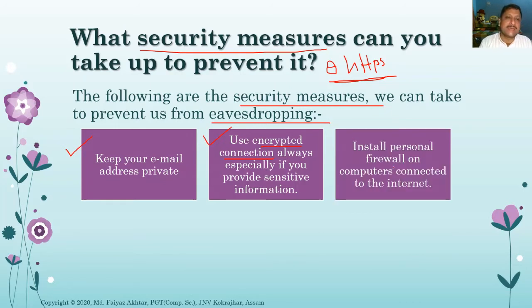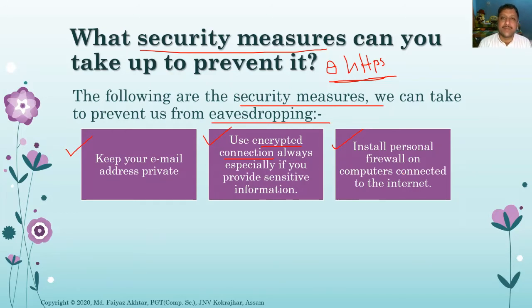Next, install a personal firewall on computers connected to the internet. The operating system also provides a firewall, but you can also purchase a hardware firewall system and get it installed with your computer while using the internet.